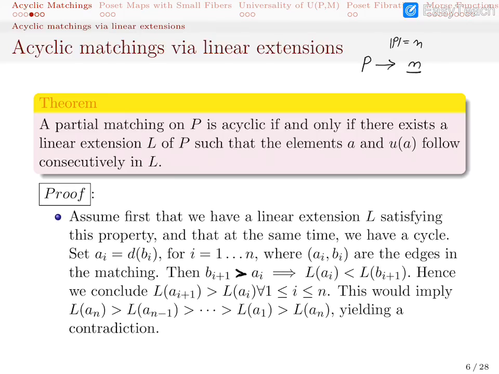And the proof is simple. First we assume that we have a linear extension satisfying this property, and now we set, from the earlier notation, A_i to be D of B_i, where A_i, B_i are the edges, and then one can clearly see that B_{i+1} is greater than A_i, right?